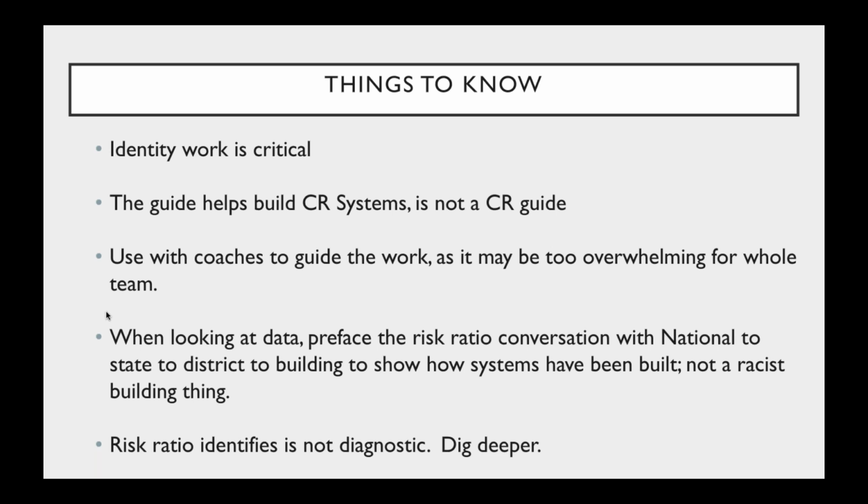They were built based on a particular culture. And what the risk ratio does is show from the top down that this is a pattern and a trend. And it allows us to frame this conversation as a way of looking at how do we disrupt that system? How do we change how that system operates rather than projecting blame, which allows, I think, teams to have a little bit more traction.